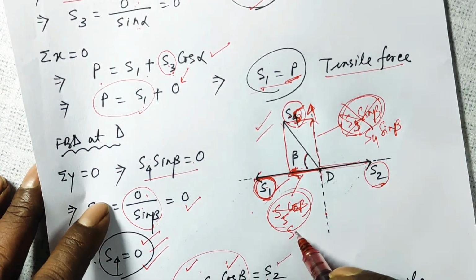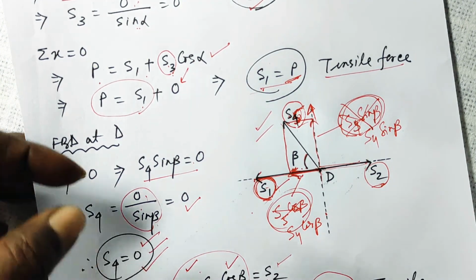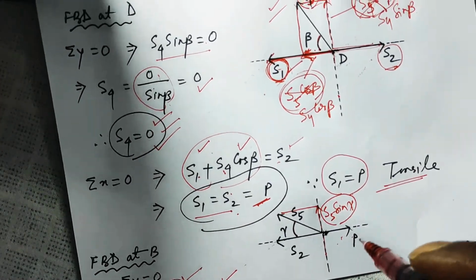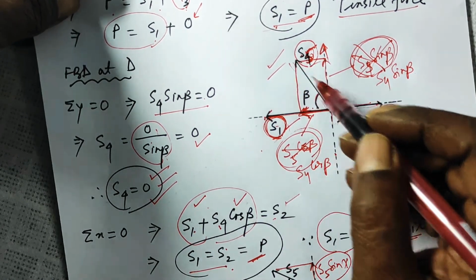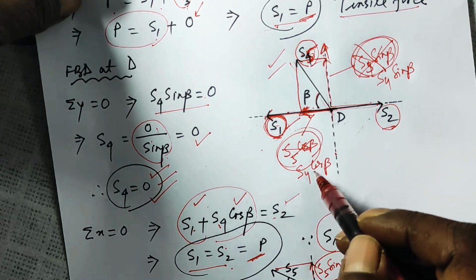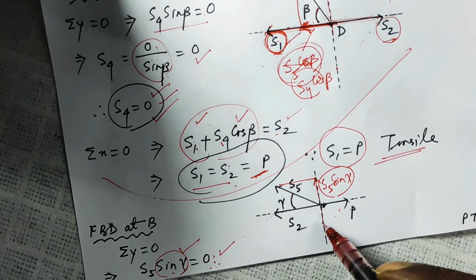I'm sorry, this is also S4 cos beta. I was supposed to look at this diagram. Sorry for the mistake. So here, this is S4. This is S4 sine beta. This is S4 cos beta, and this is S1. This part is over. Let us come back here.